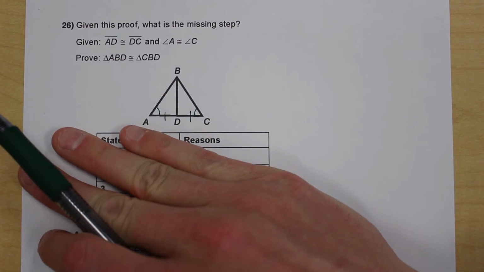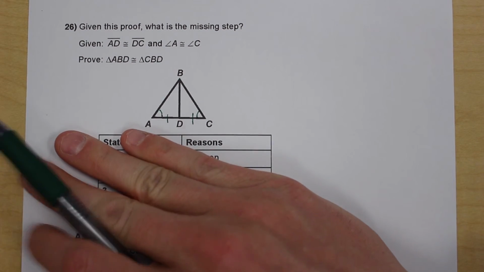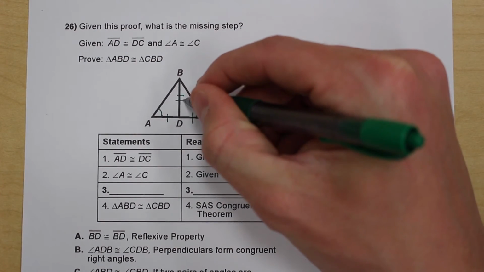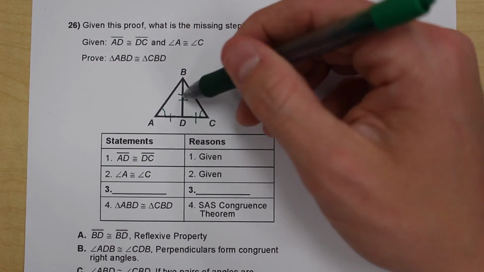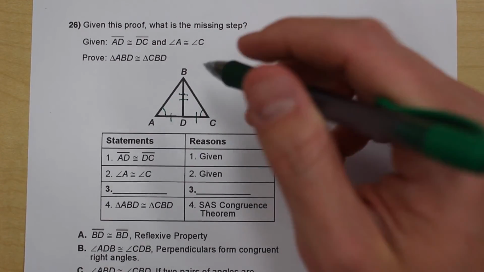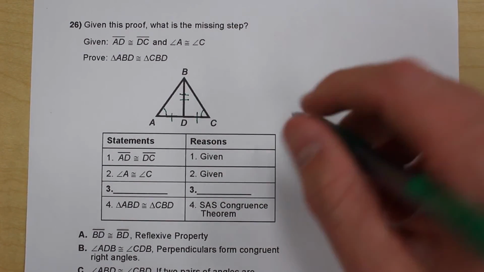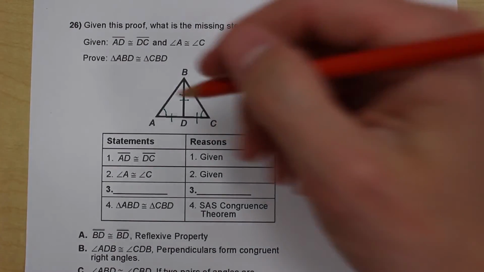If I was going to try to prove this, I ask myself first, what would I do? Well, I would say that this was given and this was given, and then I would say, look, isn't this congruent to itself? Okay, so that would give us ASS, but oh, ASS doesn't work, so let's not do that. I mean, this is still congruent to itself, but that's not helpful. So now, well, that's weird. Oh, I see what we're going to do.